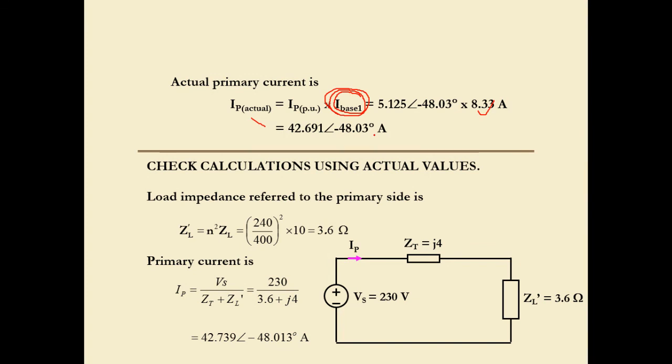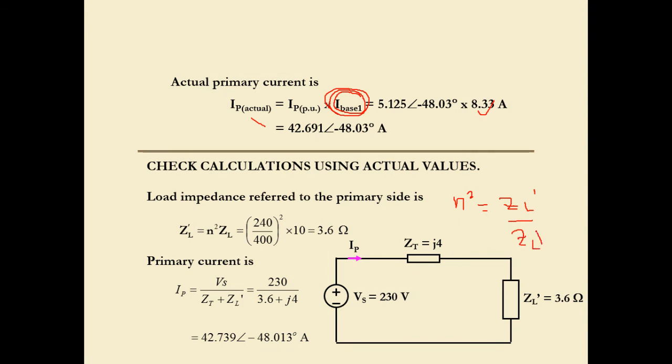As a simple comparison, if we have a direct calculation, a straight-away calculation using actual values, we avoid the transformation to per unit in the middle of the analysis. By having the actual values, the load impedance referred to the primary side is given by the ratio relationship n squared. ZL prime means the new ZL, so this is ZL prime over ZL.